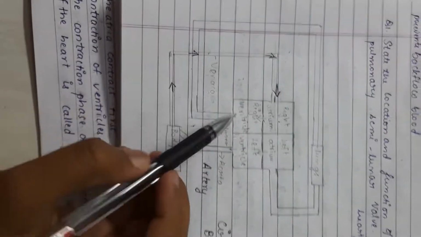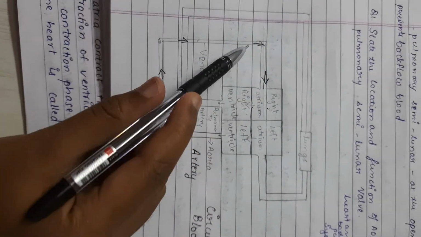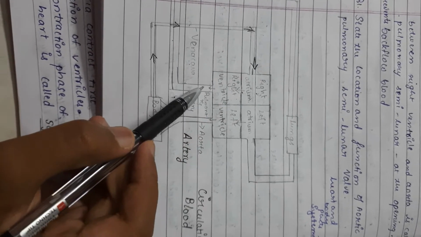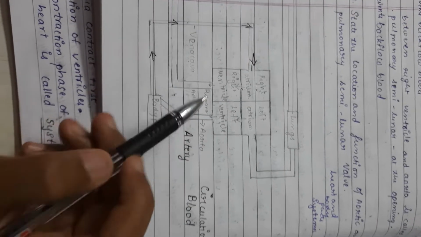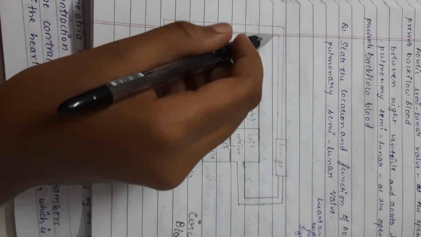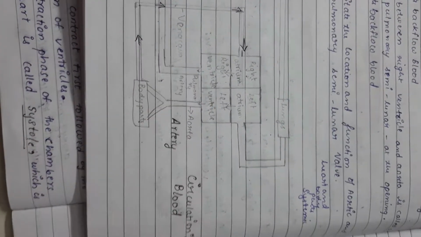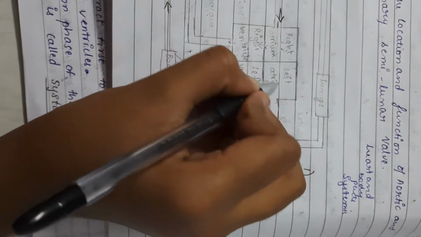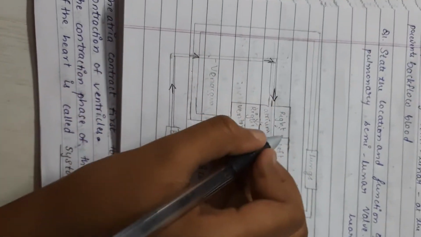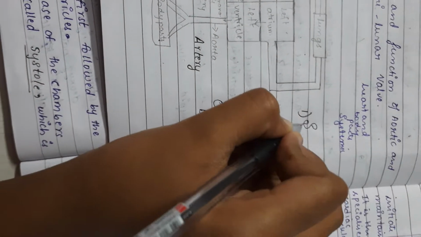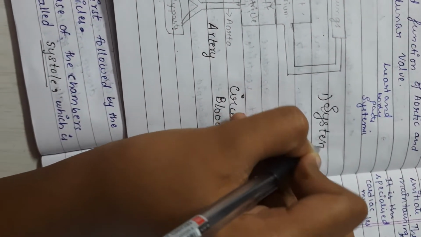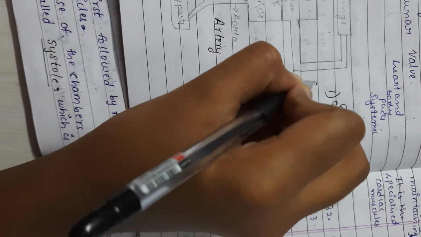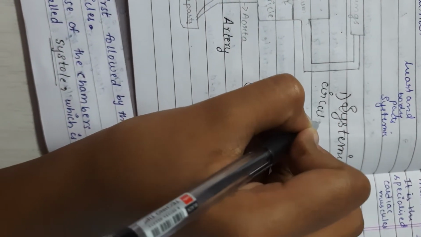Then the right atrium receives the deoxygenated blood. From the right atrium, it flows into the right ventricle and through the pulmonary artery towards the lungs. So one circulation, from the left atrium towards the right atrium, is called systemic circulation.